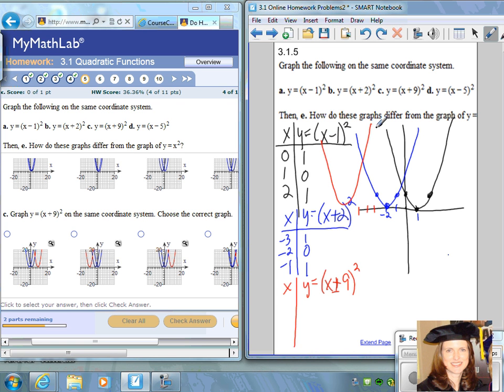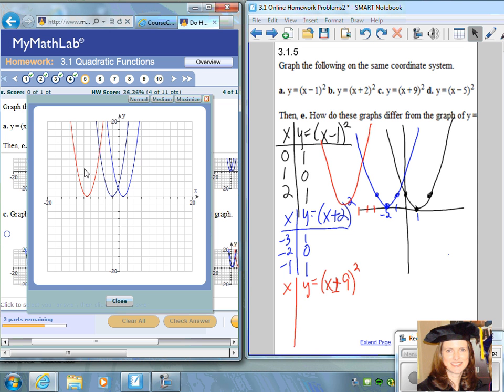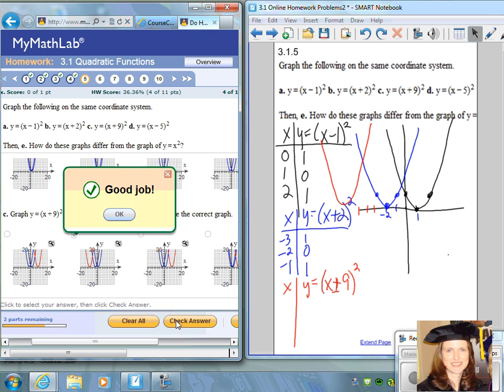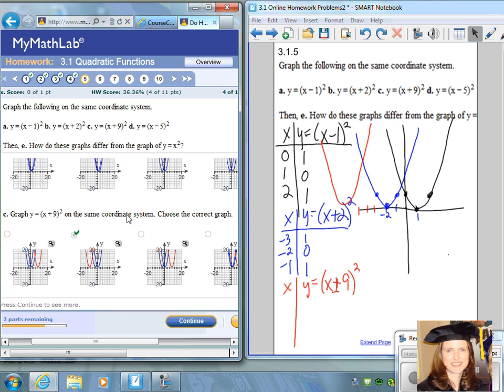I apologize for the messy graph, but this graph has been shifted. And if I zoom in, it does look most like this one here. Shifted over 2, 4, 6, 8, 9. The x plus 9 means the whole graph has been shifted to the left 9 units. You could also make a table of values and check your work.